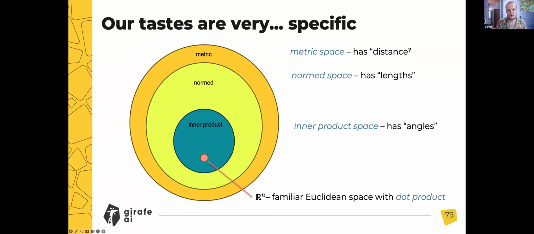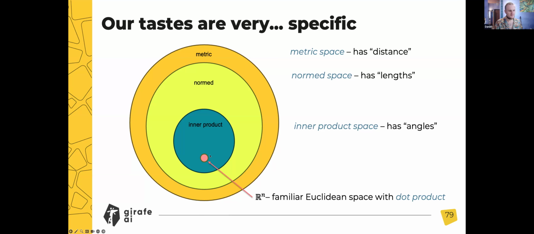Next, we have normed spaces. Normed spaces have norms the way that we have described them, right? Then we have inner product spaces, which not only have length, but they have angles as well. And finally, if our inner product is a dot product, we arrive at the familiar R^n Euclidean space.